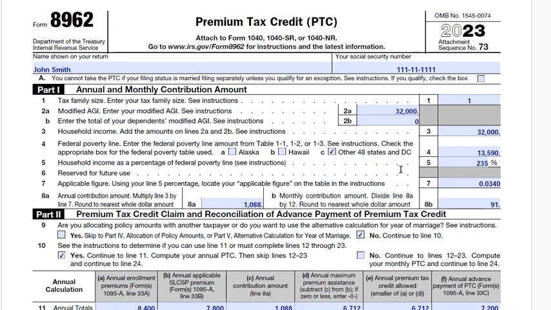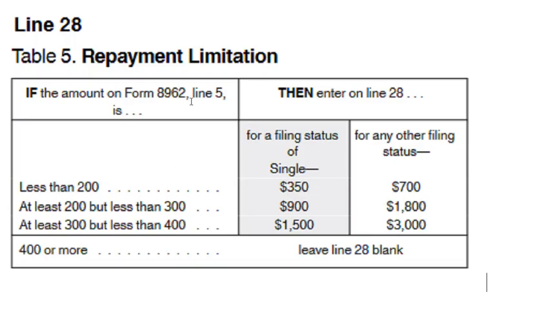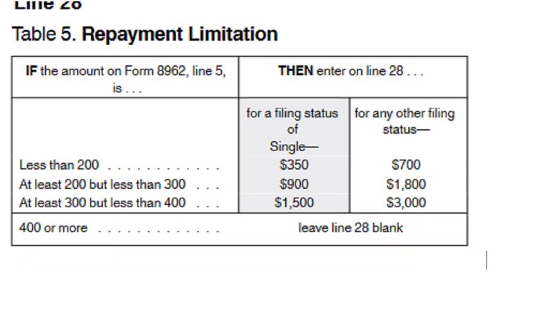Form 8962, line 5 is 235%. So line 5 is 235, so it's at least 200 but less than 300, and therefore the corresponding repayment limitation is 900. And so this is what we will use, 900.